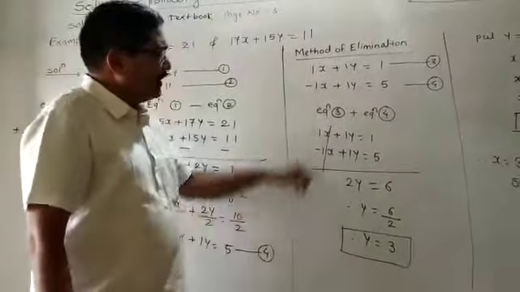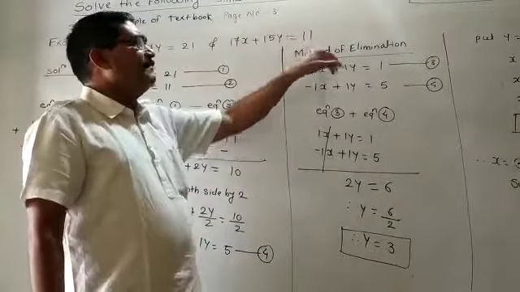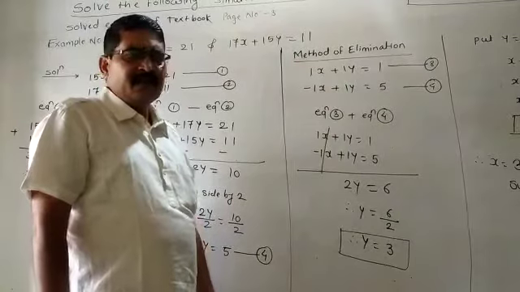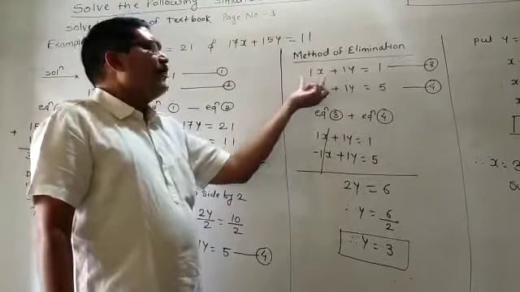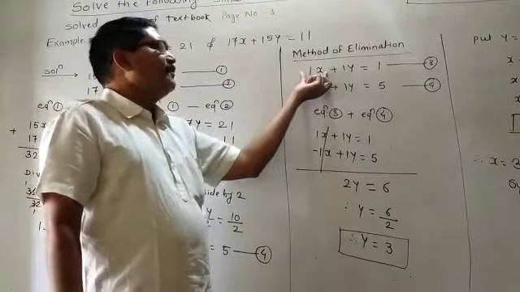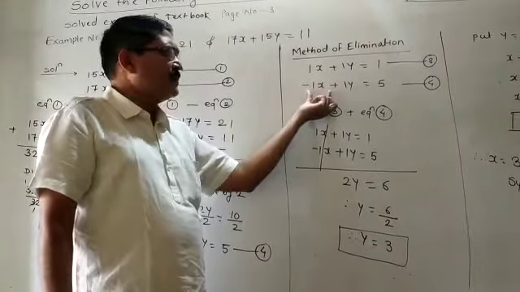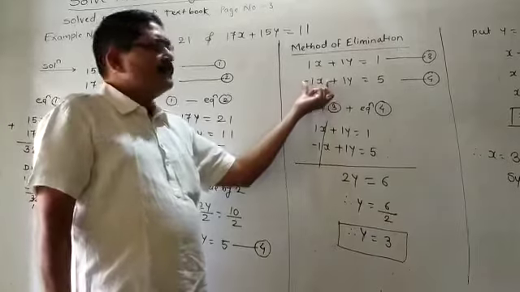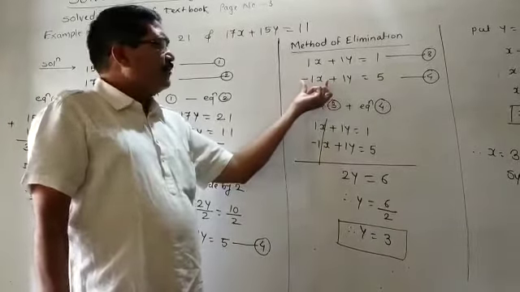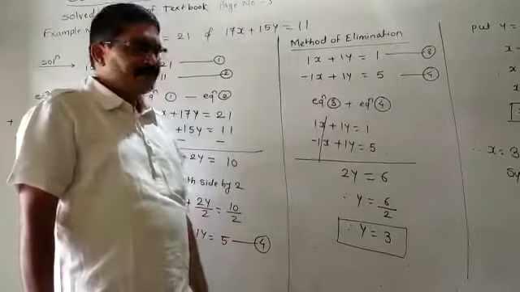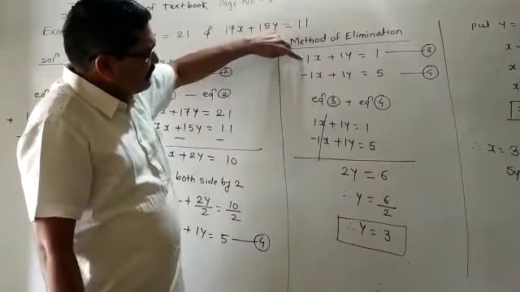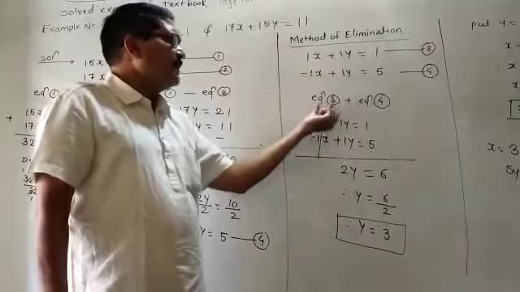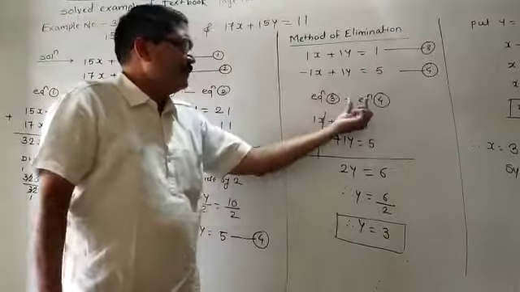In the elimination method, you equate the coefficients. Here the coefficients of x are already equal, so no need to equalize. One is plus and one is minus, opposite signs, so you add equation 3 and equation 4.